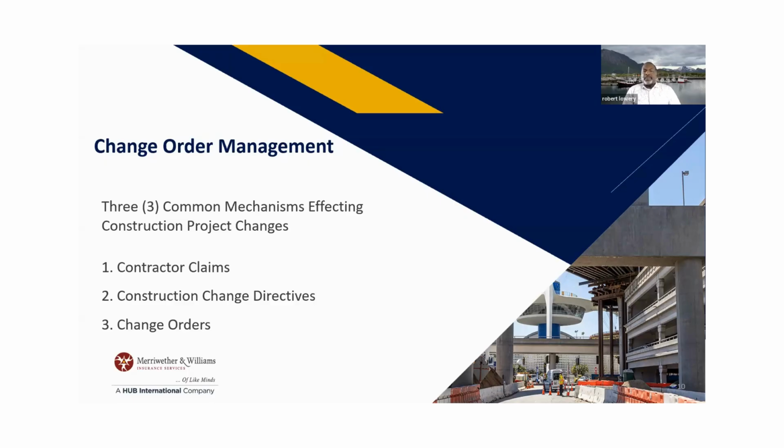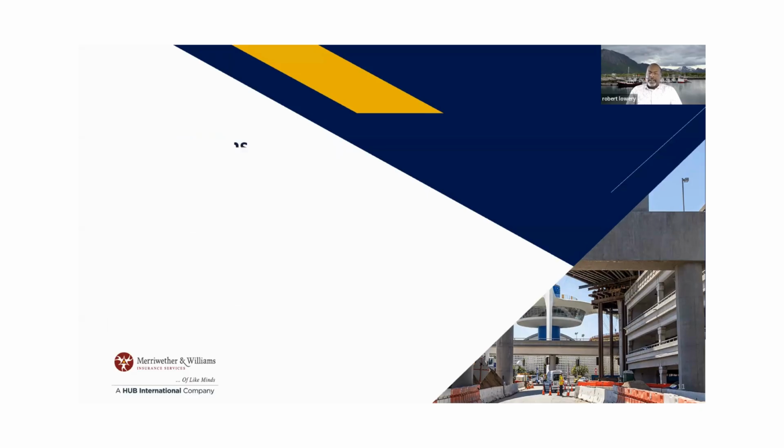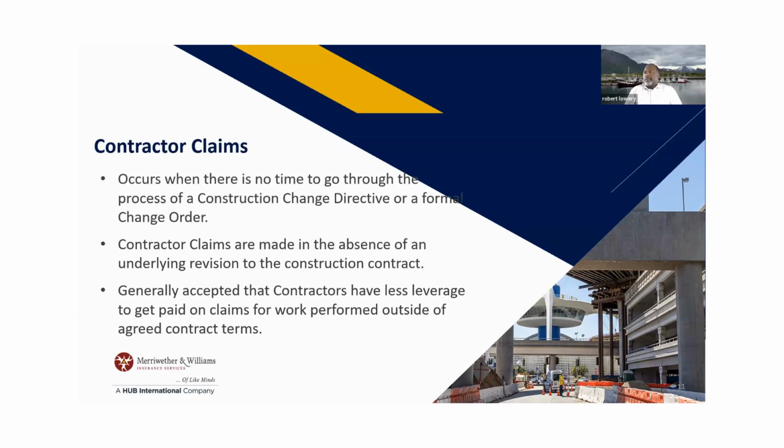Those are the three most common mechanisms. A little bit about contractor claims: when there's no time to go through the process, and then there's a directive coming from the engineers or the architect of record.